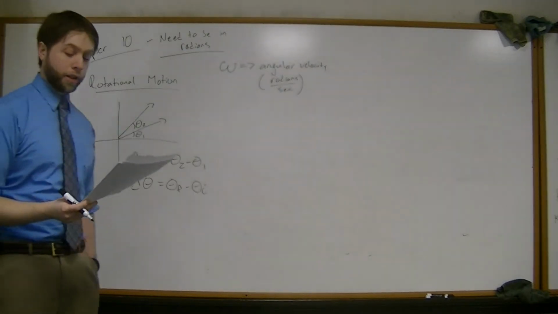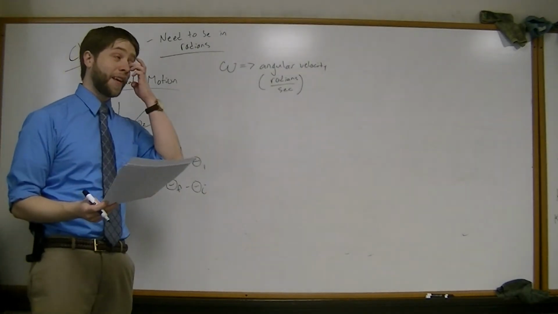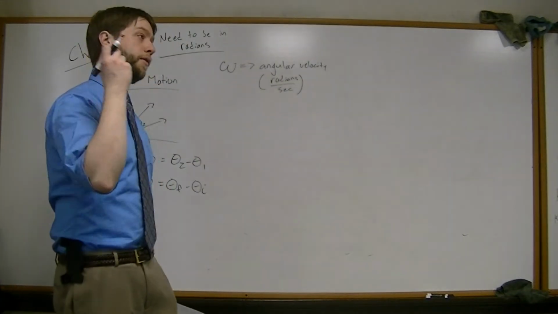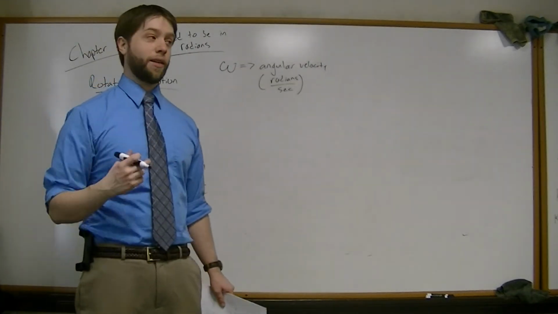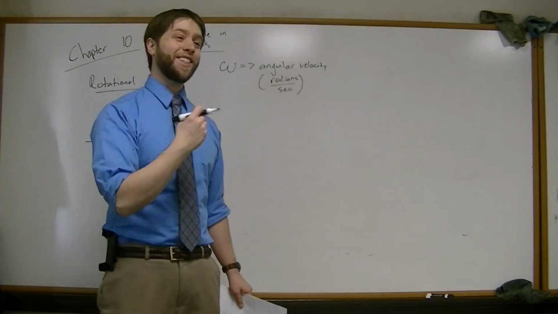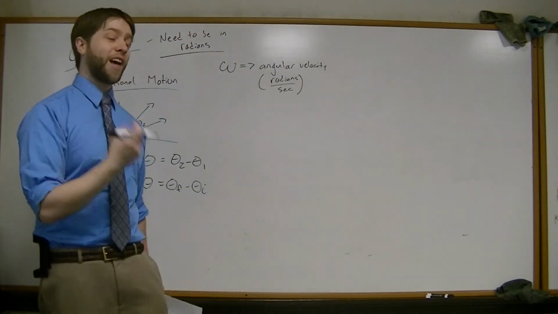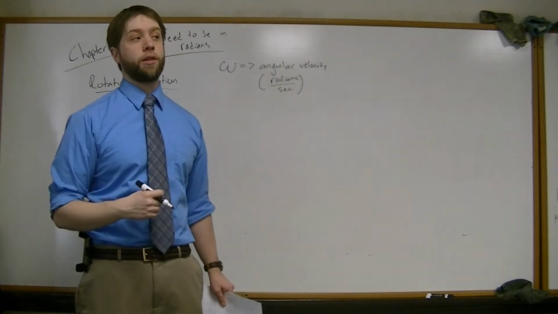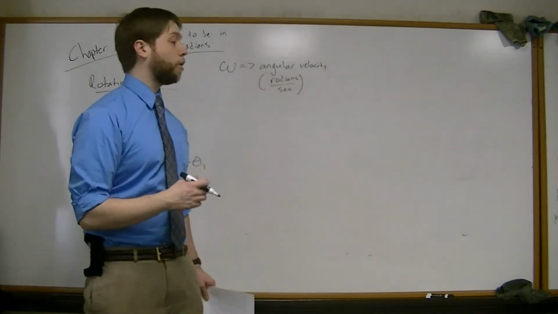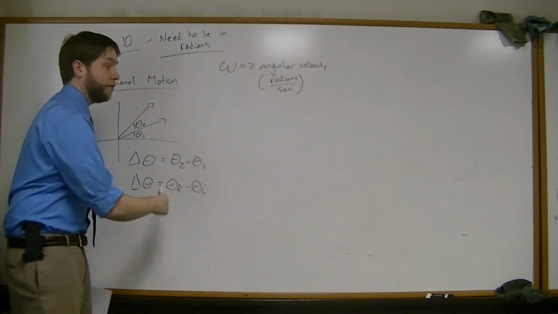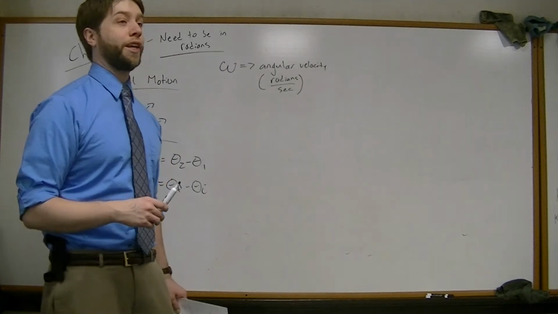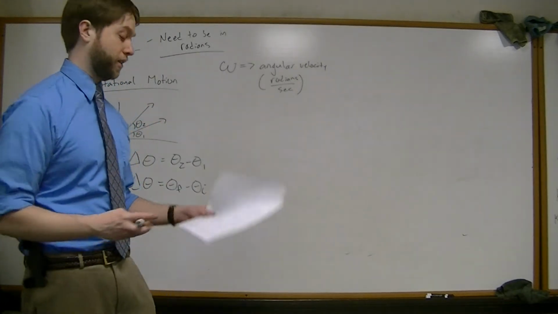Now we can calculate the instantaneous angular velocity the exact same way that we calculated velocity in terms of basic kinematics. If we wanted to get the instantaneous velocity, we took the time derivative of the displacement formula, and that gives us our total velocity. Now we are going to take the time derivative of the change in theta, the change in degrees, and that will give us our angular velocity instantaneously.